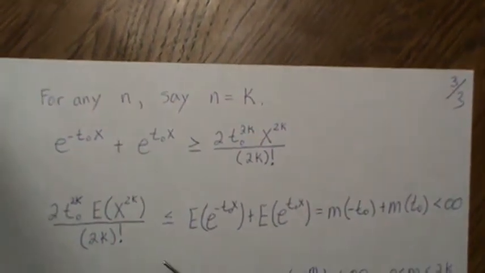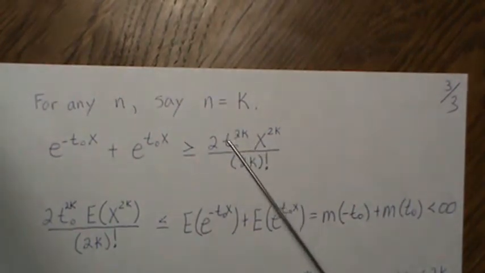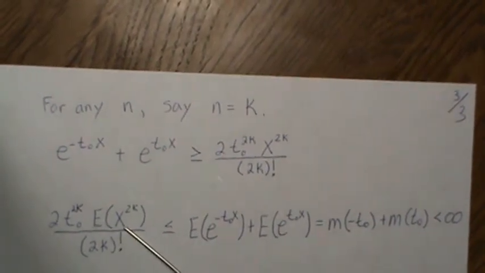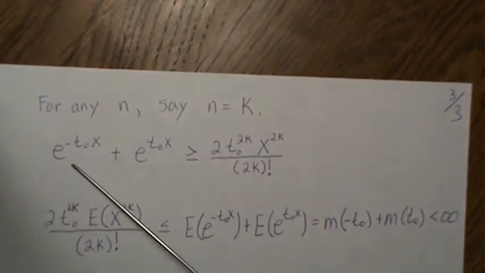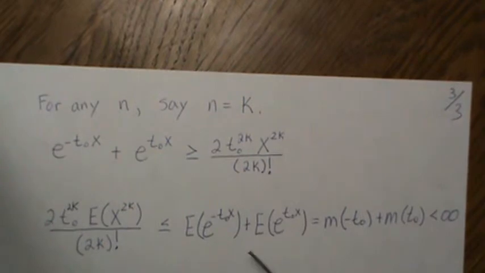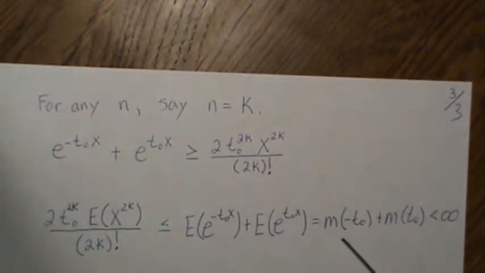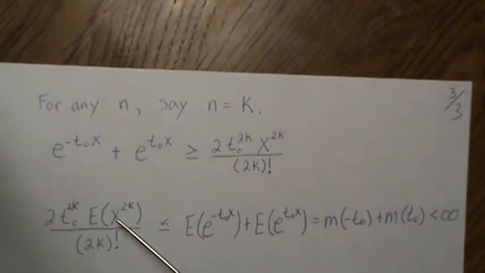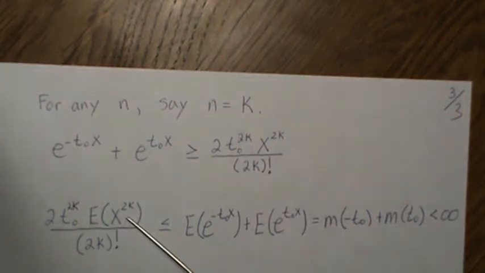So then if we take the expected value of this side, taking out the constants, it's less than or equal to the expected value of these. But we've established earlier that these are finite. So that says that this moment is finite. And this is for any k to infinity.